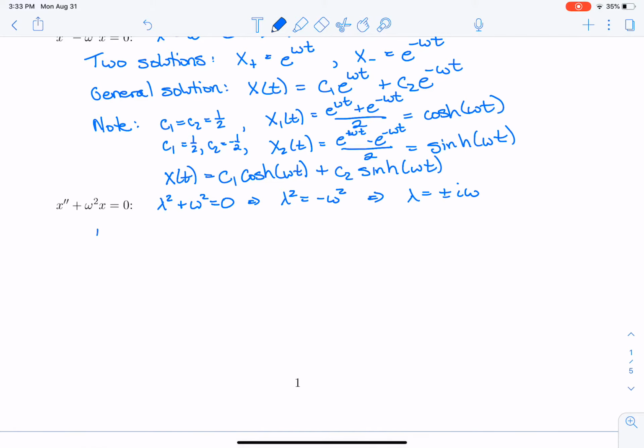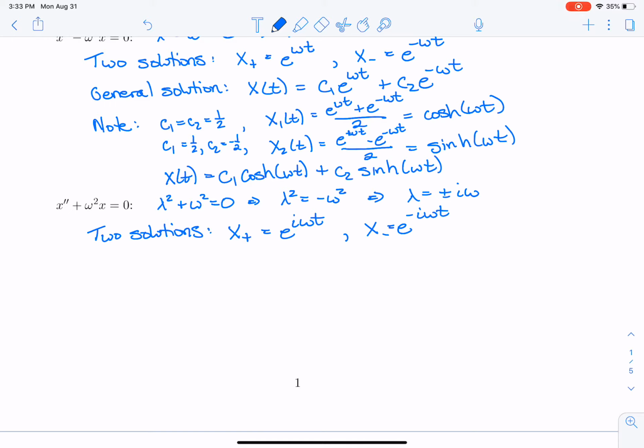And so that gives me two solutions. Those two solutions are x plus, which is e to the i omega t, and x minus, which is e to the minus i omega t. But both of those solutions involve complex numbers.